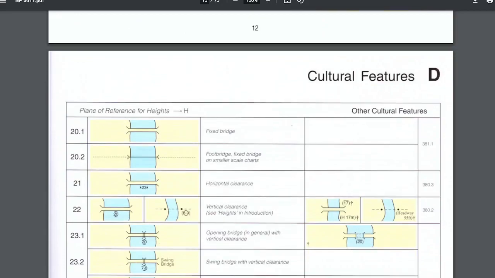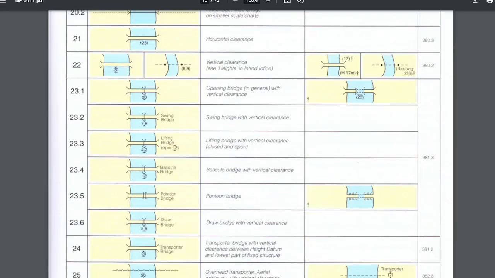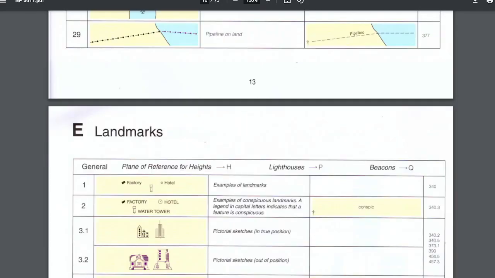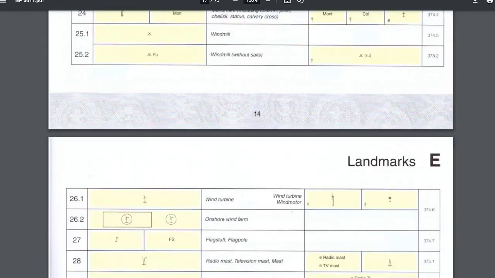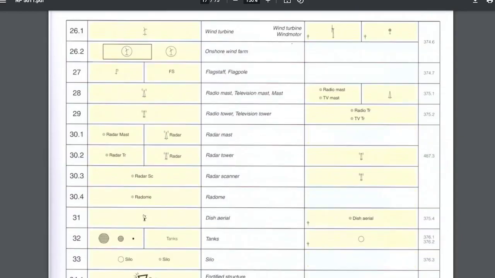Vertical distances for the air draft, for calculation of how much low tide you need to pass under it. So for all that purpose. Landmarks, again this is not so important from the exam perspective.